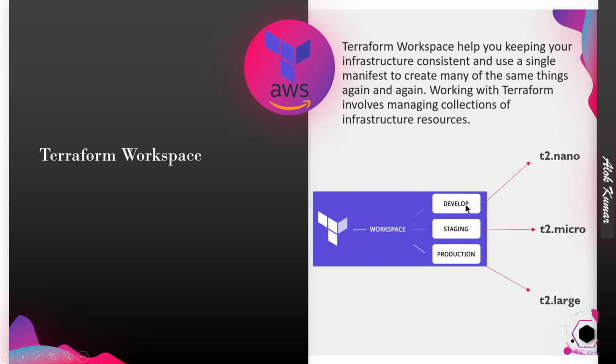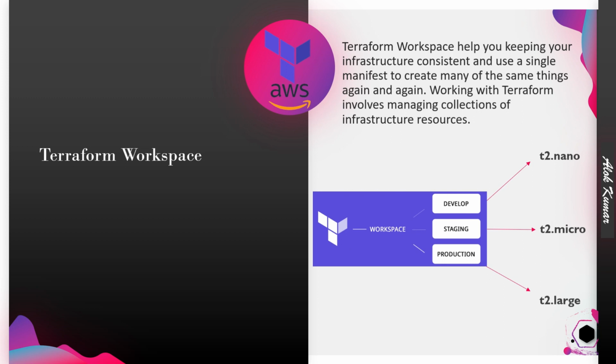For the instance type, for develop we are choosing t2.nano, which means when we create an instance, a t2.nano instance type will be created for develop, and the same Terraform file will create a t2.micro for staging, and a t2.large for production. So we are going to see complete details of how to create an environment, meaning a workspace, in Terraform, and how we are going to deploy the changes accordingly.